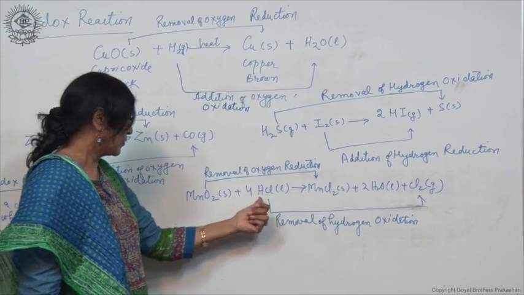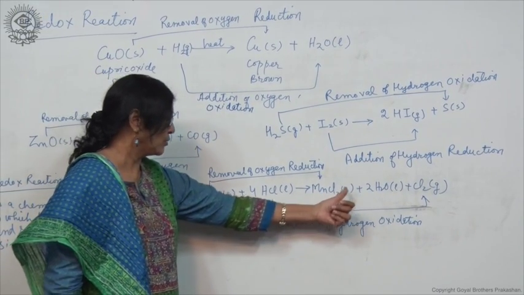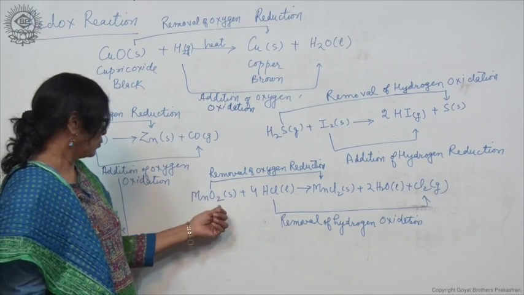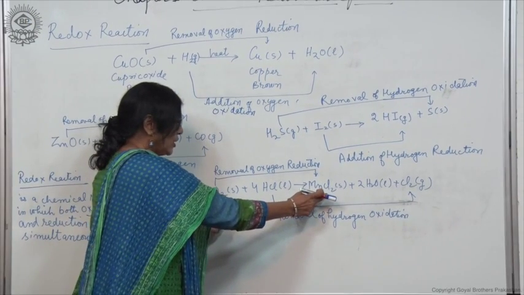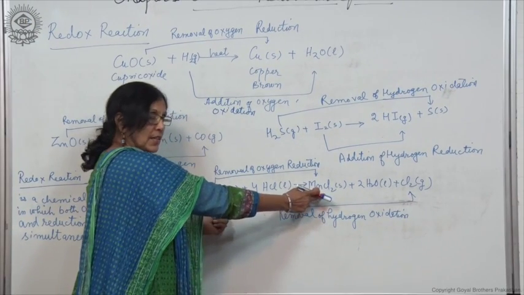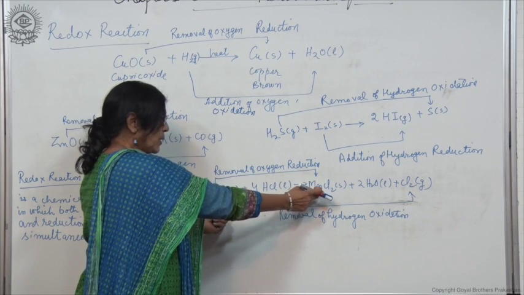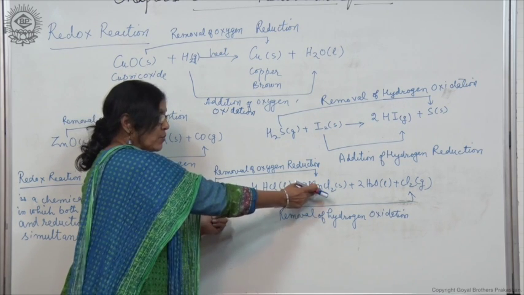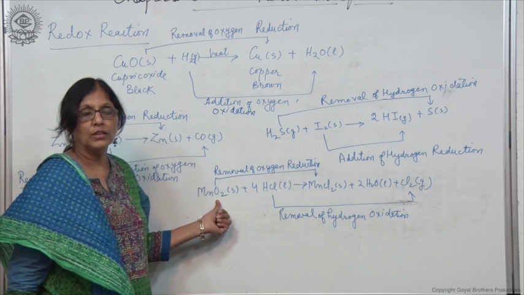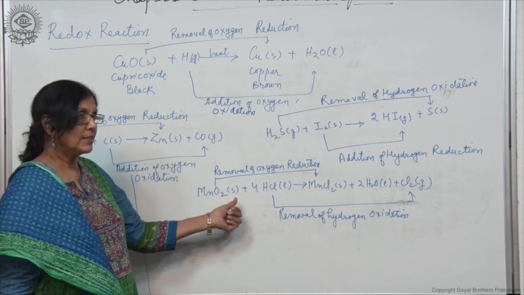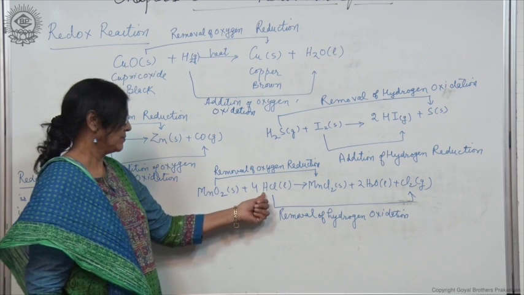One more example let us take. MnO2 plus 4HCl forms MnCl2 plus 2H2O plus Cl2. MnO2 is forming MnCl2. What is happening here? You can see yourself, here oxygen is being removed, and what is the removal of oxygen? It is called reduction. So, reduction is taking place, and what is happening to HCl?